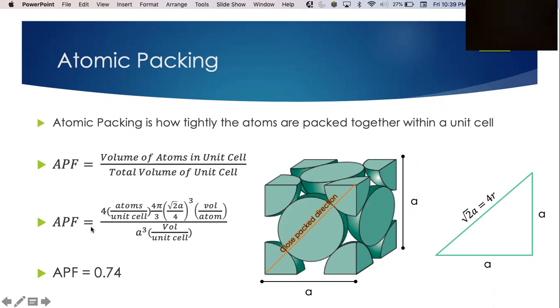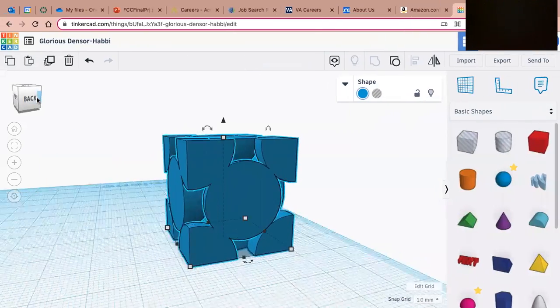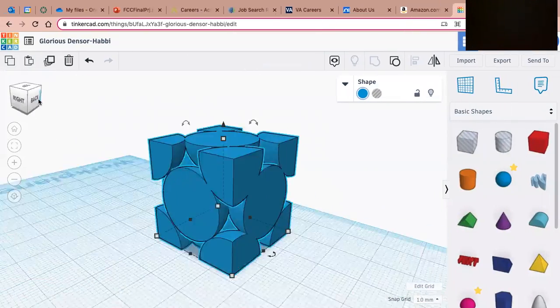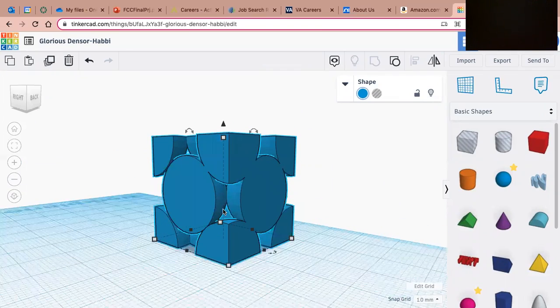That'll be r cubed, just so we can get this equation in terms of the same variable. Now, FCC structures have the highest possible packing of spheres with an APF of 74%. So most of this sphere, 74% of it, is actually atomic mass, and then the spaces here will be the other, like 26%.